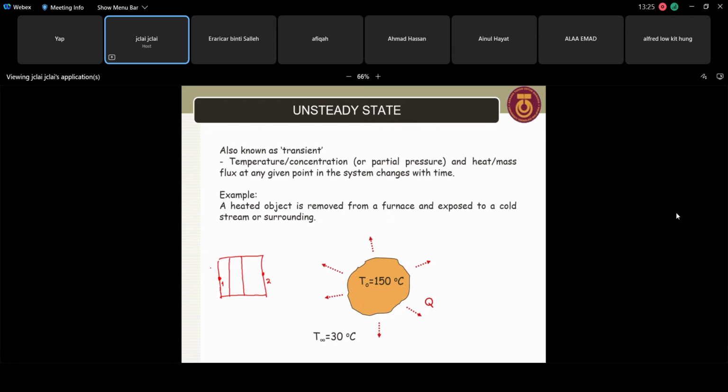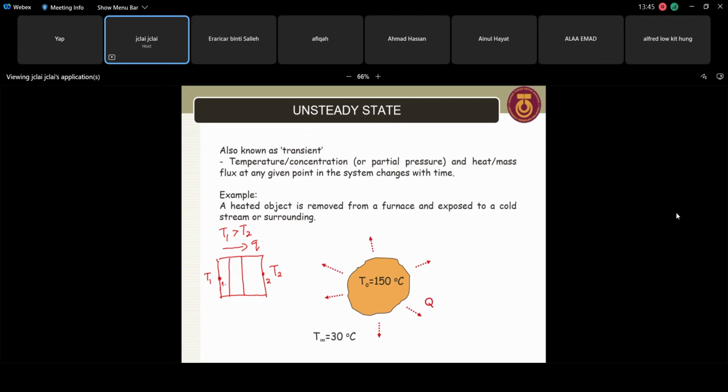The basic assumption is the temperature at point number 1 is T1. Now let's assume T1 is greater than T2, so we know the heat will be transferred from point 1 to point 2.